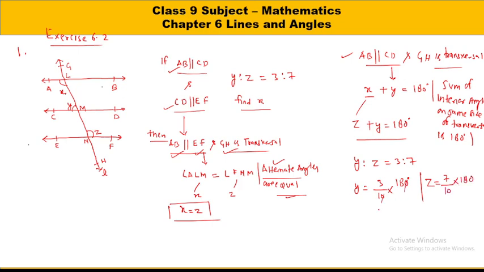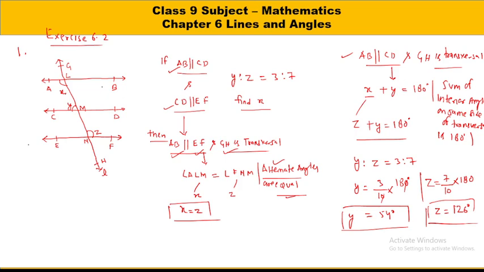So just solve it down. 18 times 3 is 54 degrees. So angle Y is 54 degrees and angle Z will be equal to 126 degrees. So this is how we will solve this question.